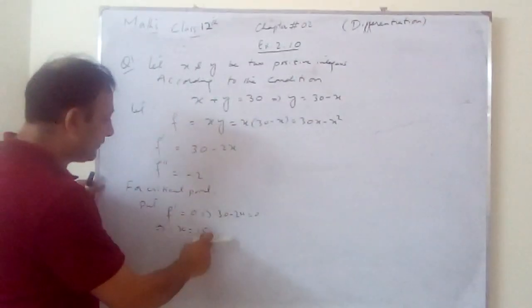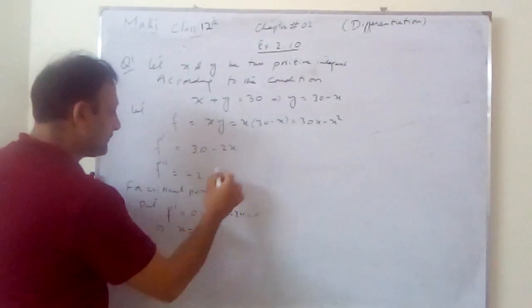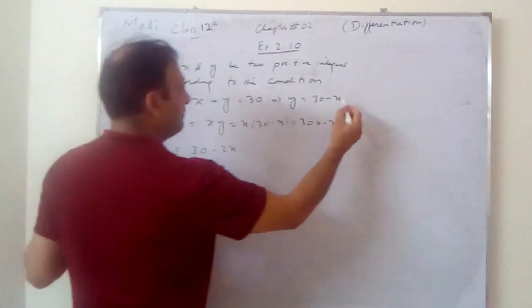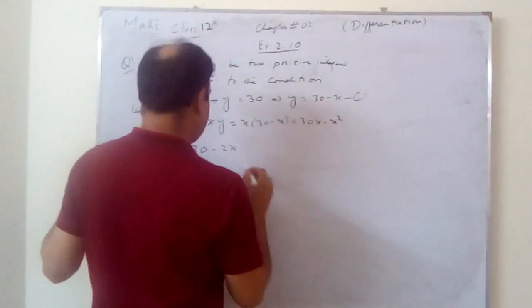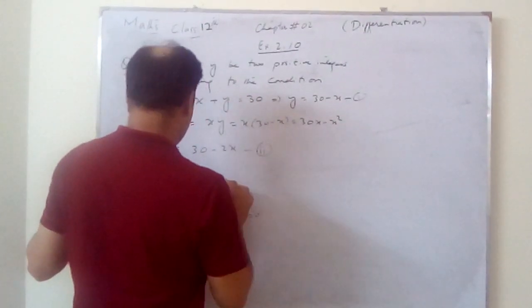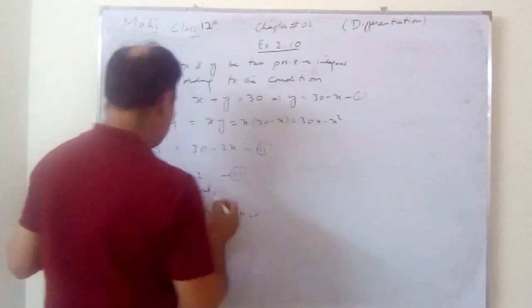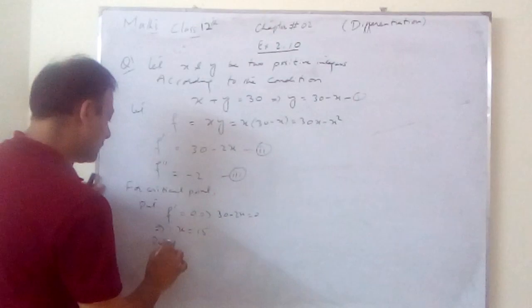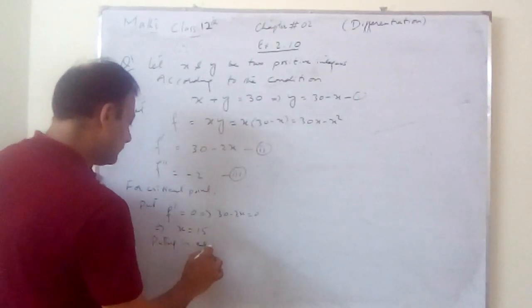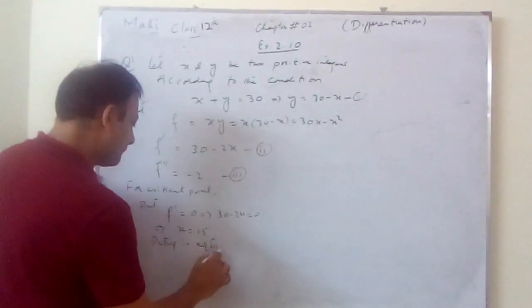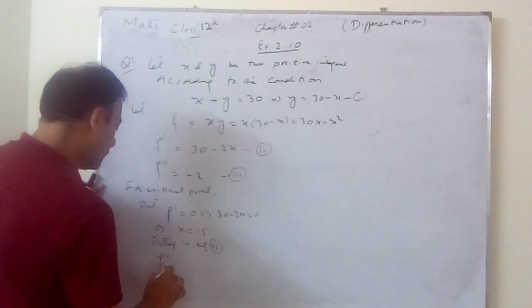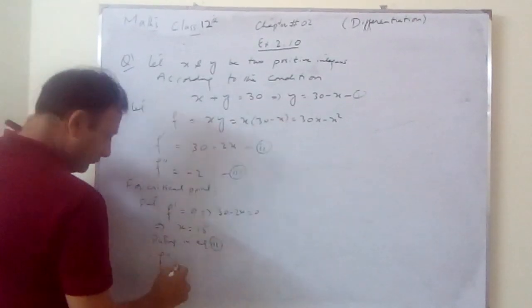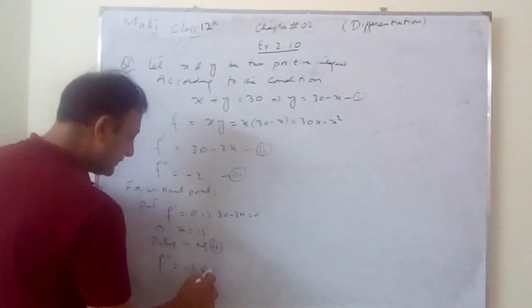If we give the equations numbers 2 and 3, putting this in equation number 3, there is no x, so it remains the same, less than 0.